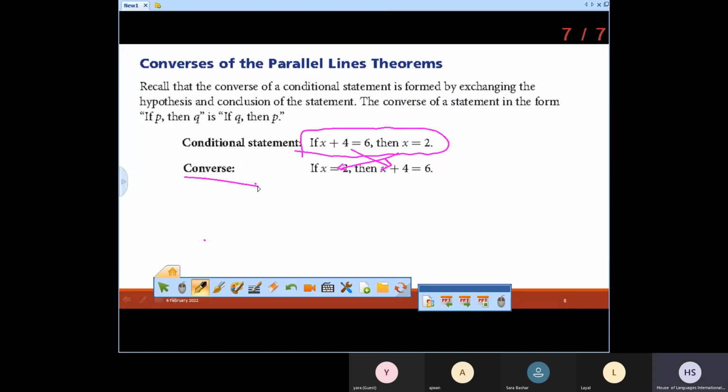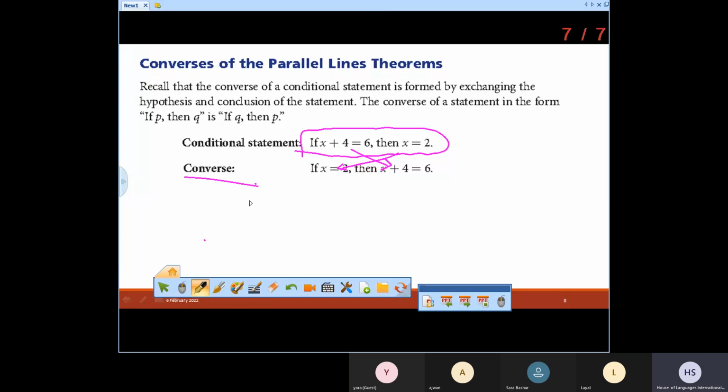Just a minute. Let me remind you of another example. Who reminds us with something not math, something in our life? No, this is transverse.